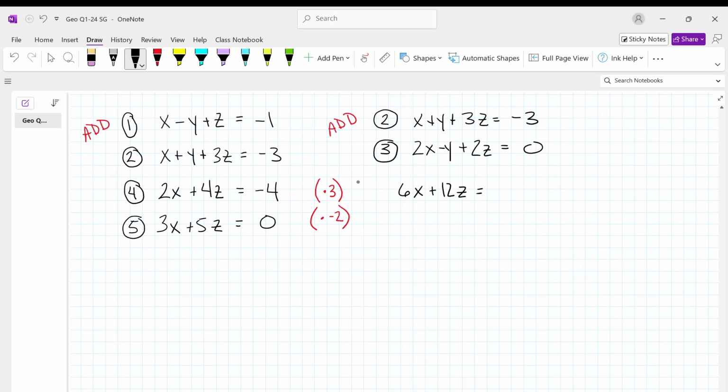And -4 times 3 is -12. In equation 5, 3x times -2 is -6x. 5z times -2 is -10z. And 0 times -2 is still 0.